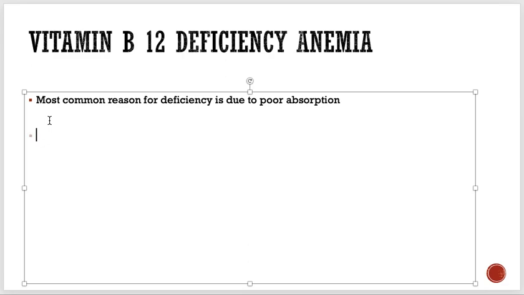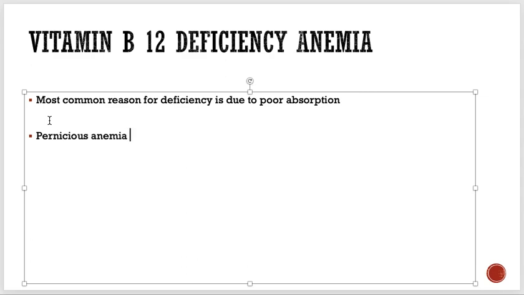One of the factors which can lead to poor absorption is intrinsic factor deficiency, and whenever it is due to intrinsic factor deficiency, we call it pernicious anemia.